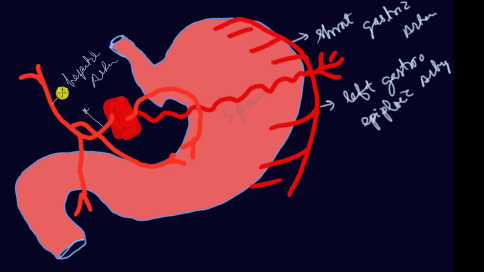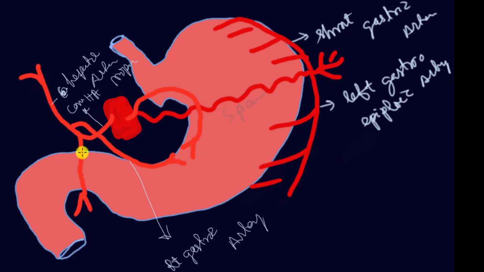This is now the hepatic artery proper. But this is what? Common hepatic artery. And from there, this artery is coming. What is this? This is the right gastric artery. Right gastric artery, branch of common hepatic artery.